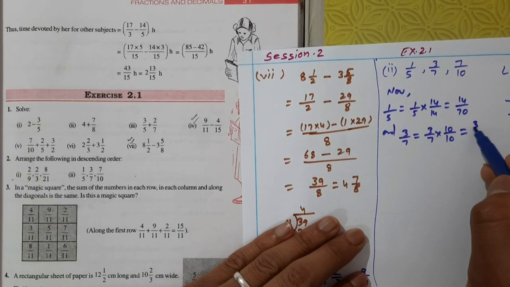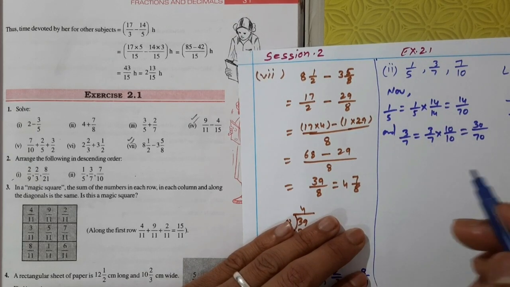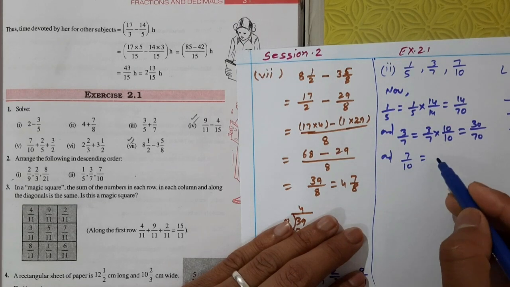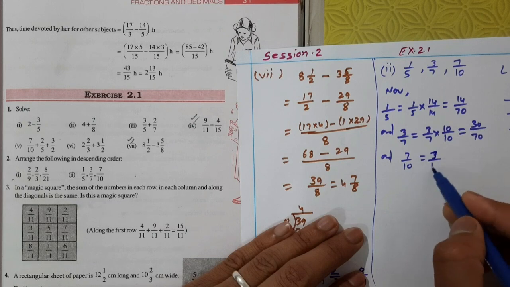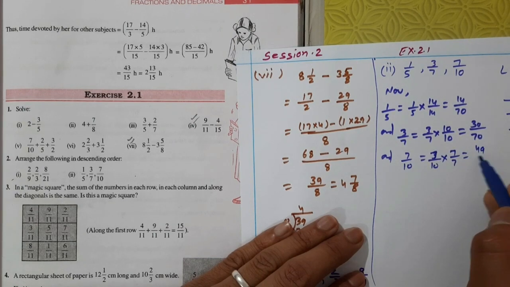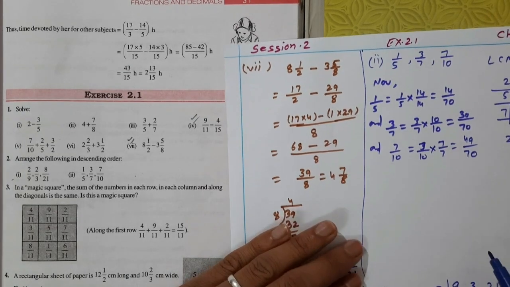Now 3 into 10 is 30/70. And 7/10 equal to 7/10 into 7/7, 49/70.